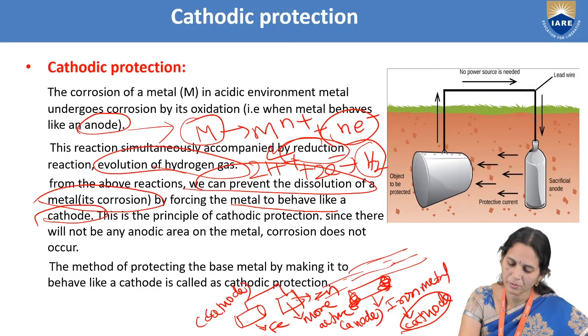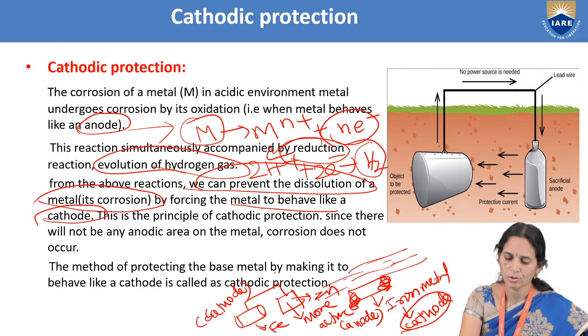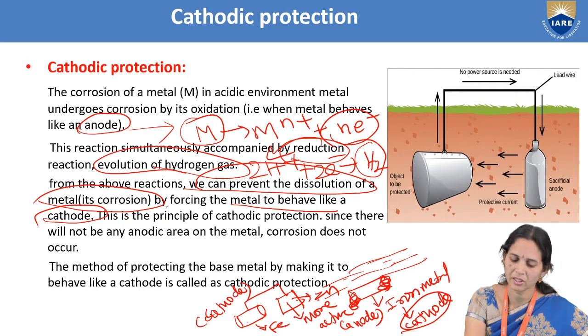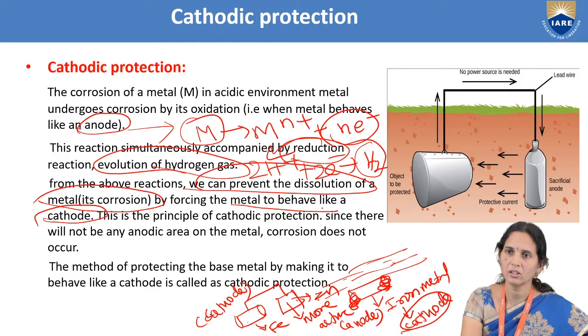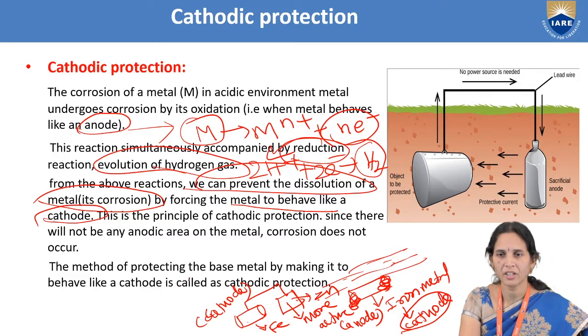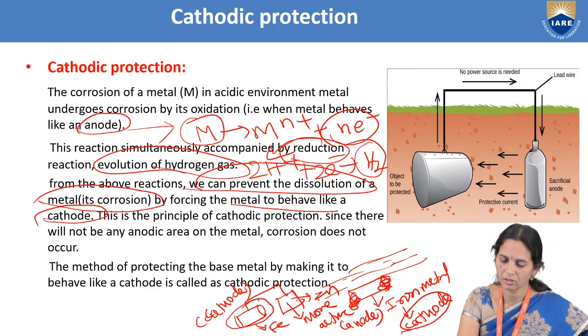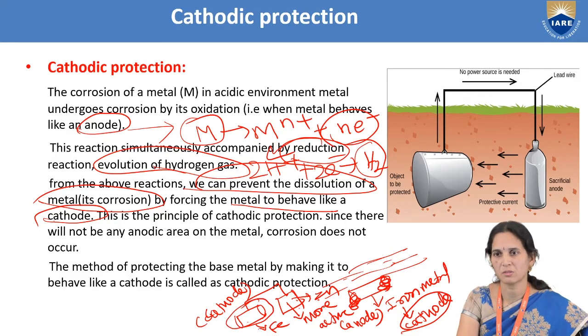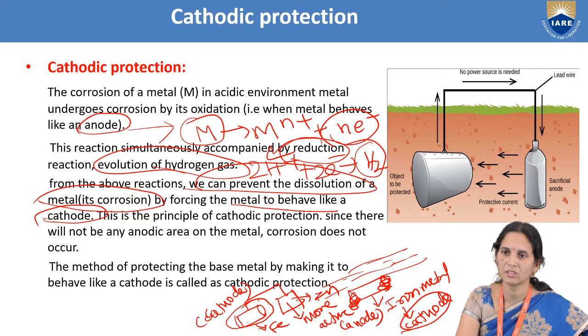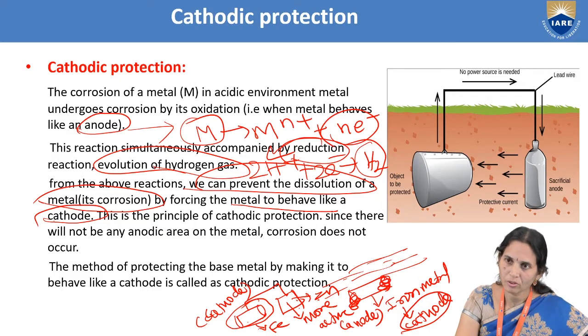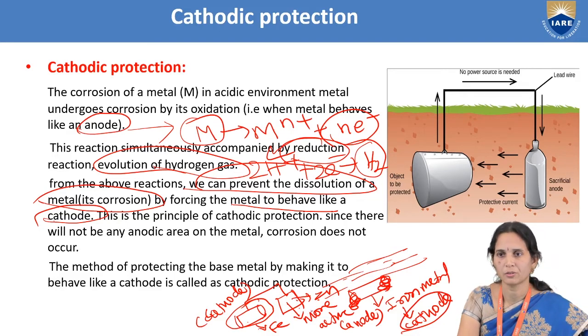So the base metal becomes the cathode when you connect it to another metal which is more active than the base metal. That more active metal becomes the anode and the base metal becomes the cathode.